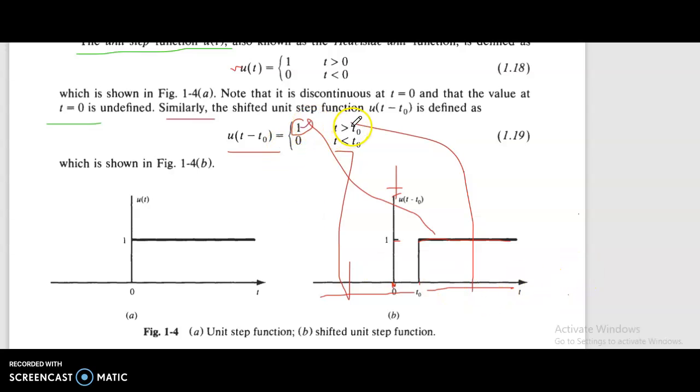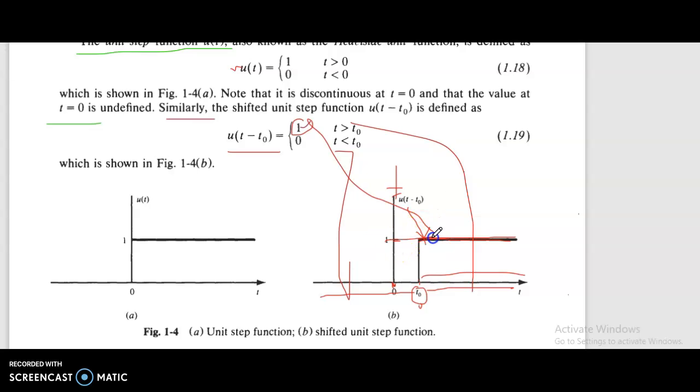So in this region t is greater than t naught, this whole area. That's why u of t minus t naught is always 1 here.